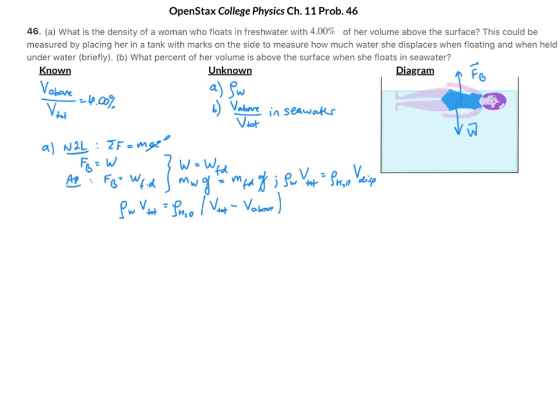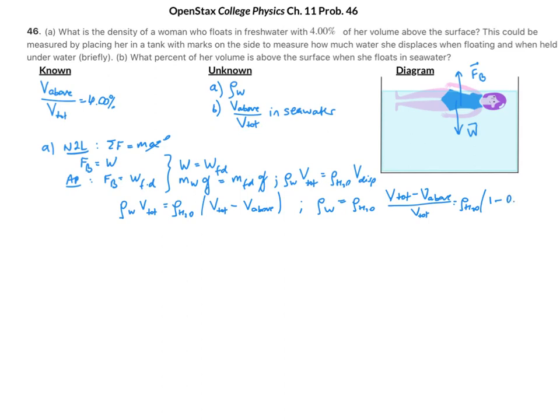So I just want to know how much of the woman is underwater. Then I solve for the density of the woman, and that will be density of water times V total minus V above, divided by V total. So that's density of water times 1 minus the 4% that I was given before.